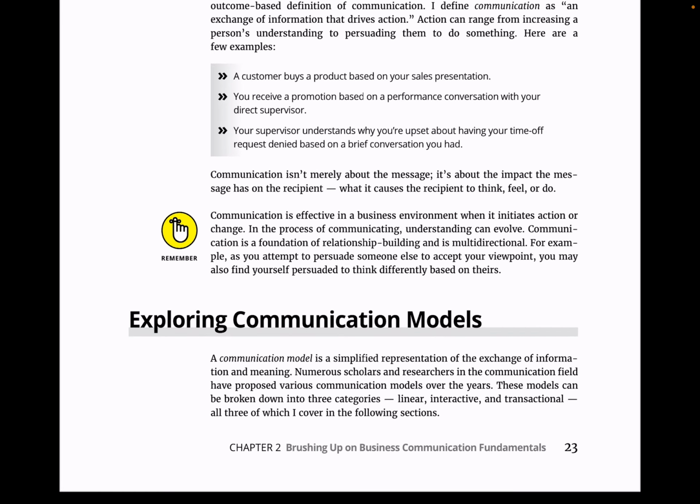Watzlawick, Beavin, and Jackson, who outlined their interactional model in their 1967 book, Pragmatics of Human Communication, Norton and Company, blew the minds of readers by claiming that one cannot not communicate, that people communicate as soon as they begin to interact with one another, whether intending to or not.